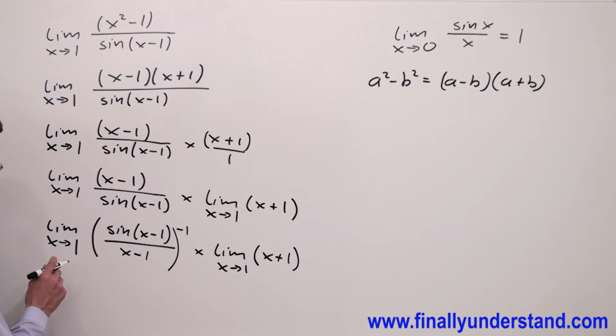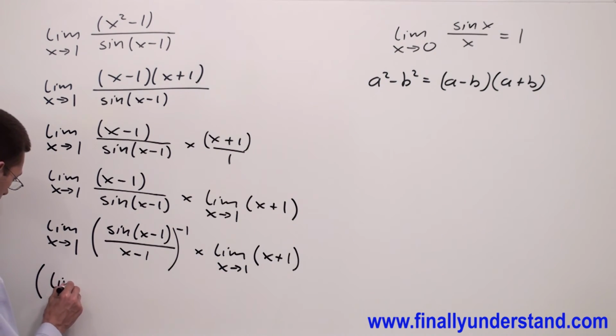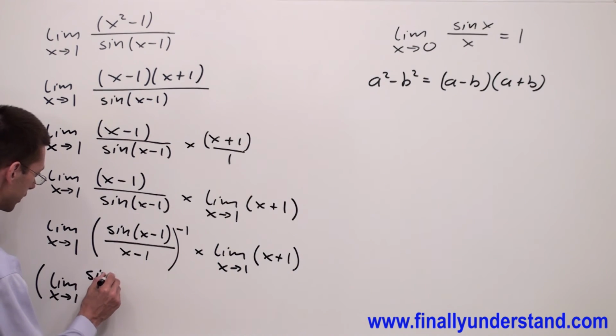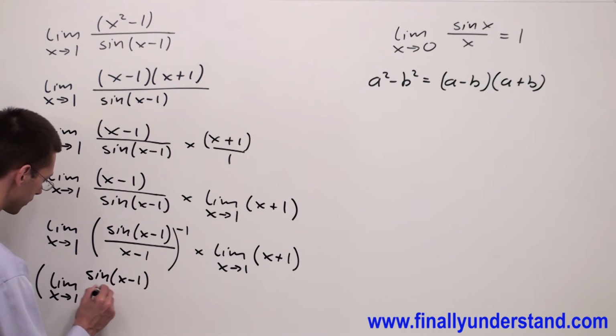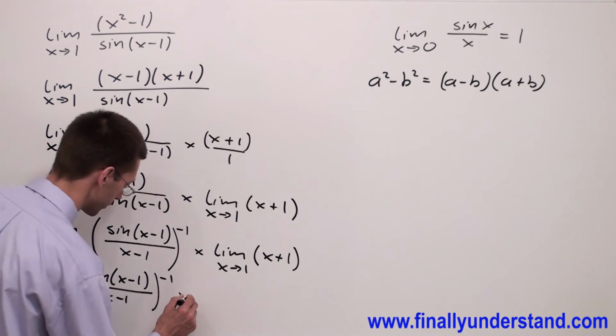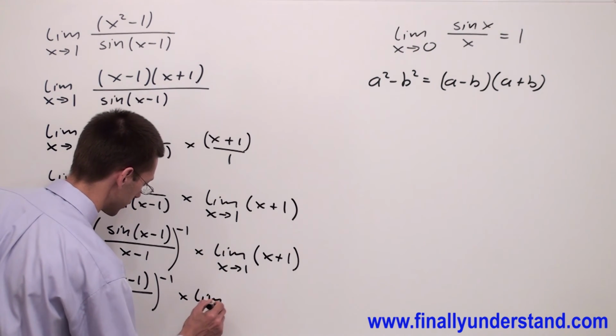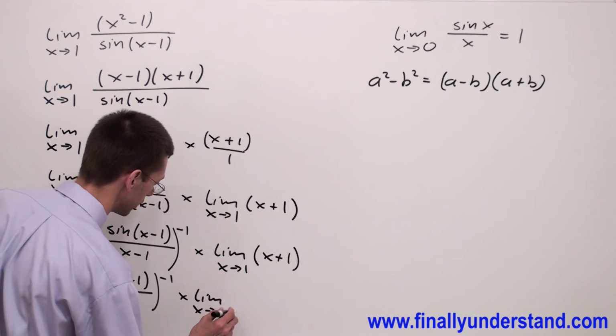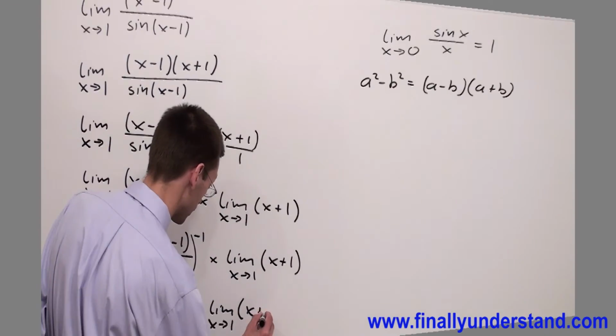Now I can use the theorems of limits, and I can rewrite this part of my problem as, open parenthesis, the limit as x approaches 1 of sine x minus 1 over x minus 1, to the power negative 1, times the limit as x approaches 1 of x plus 1.